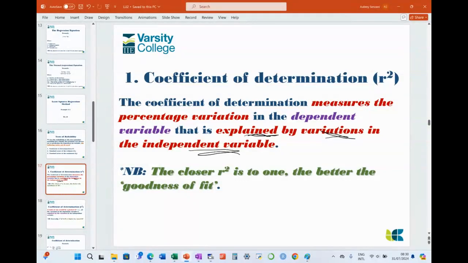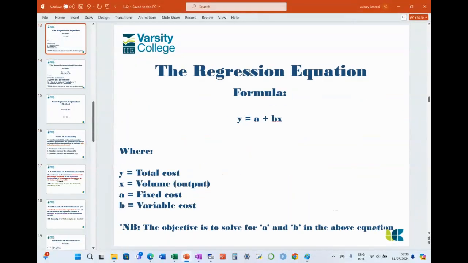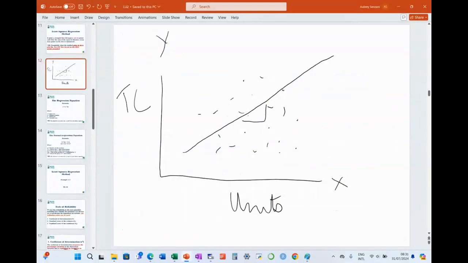All right, how reliable is the relationship? That's what we are pretty much looking at. We're basically saying, whatever we've managed to produce, how reliable is this? Because the number of units is independent and your total cost is the dependent.